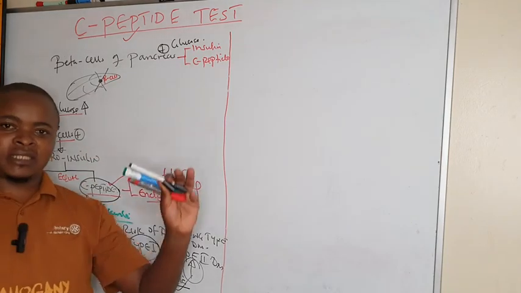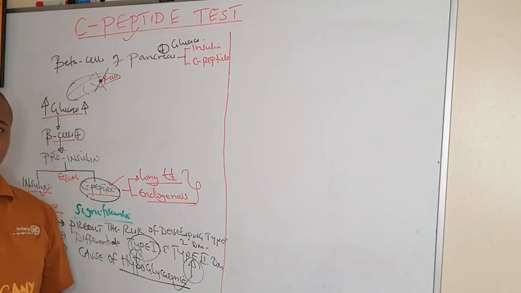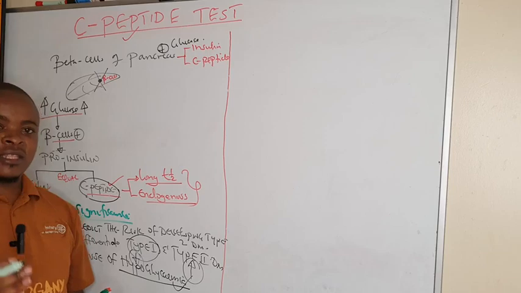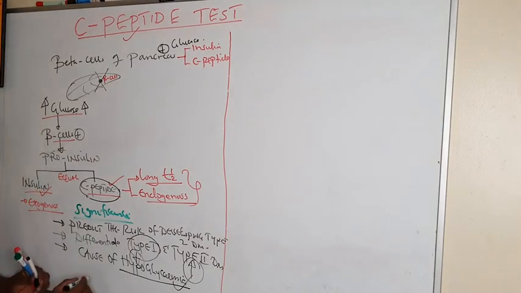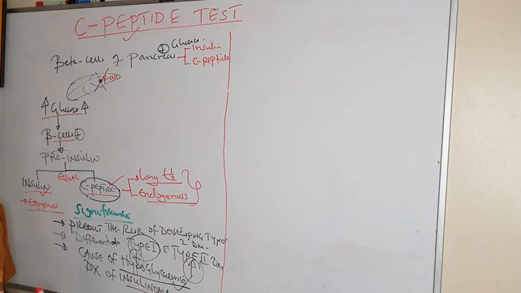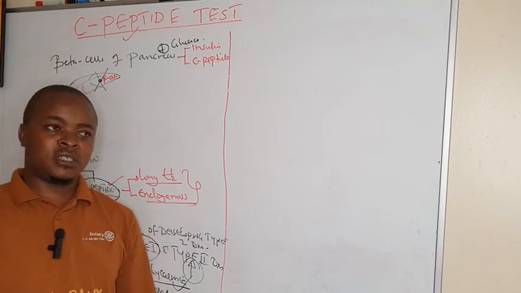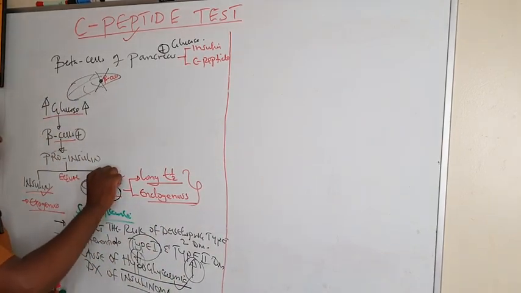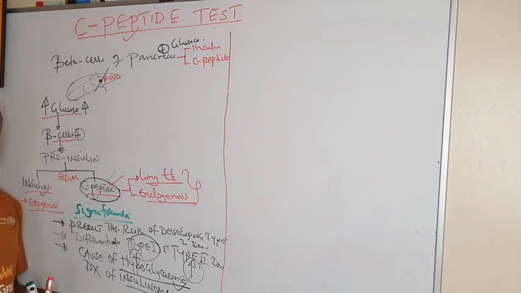When we find C-peptide is high, we can be sure that the cause is the tumor of the pancreas. So we can also use it for diagnosis of insulinoma, the tumor of the pancreas that affects beta cells to produce high levels of insulin, which is indicated by high levels of C-peptide.